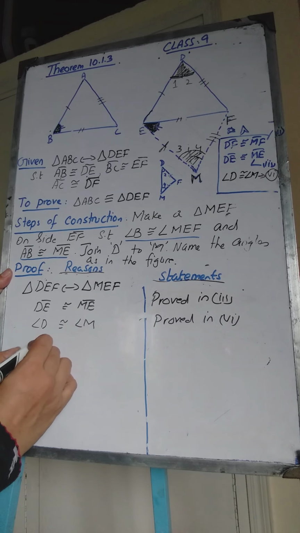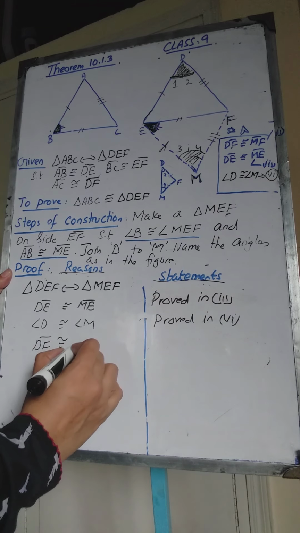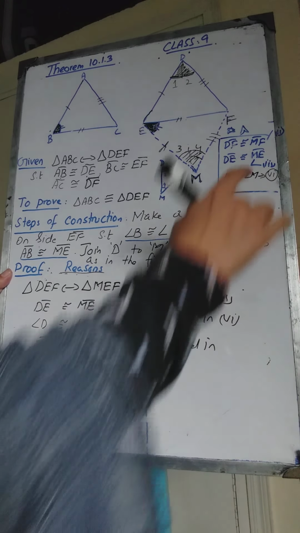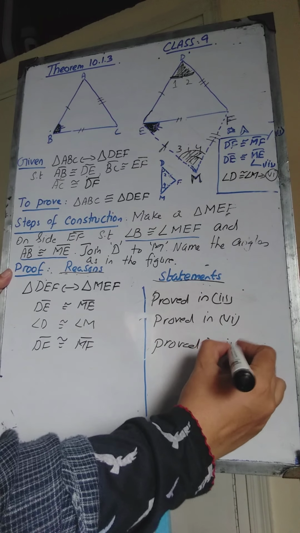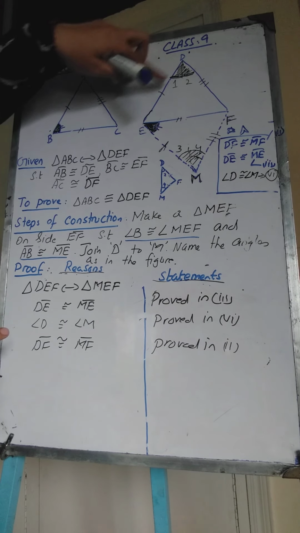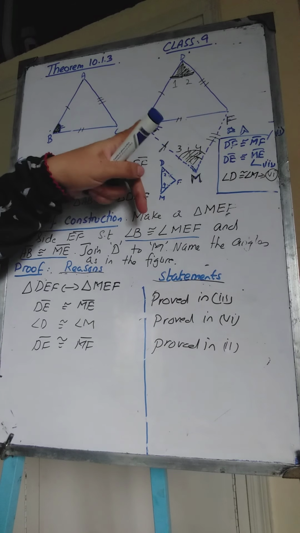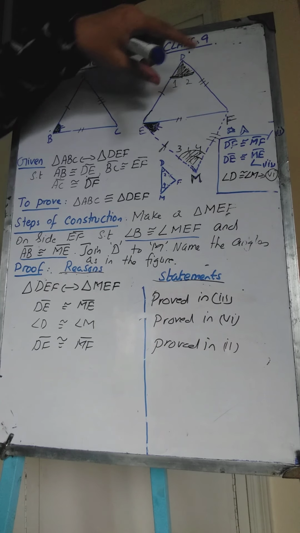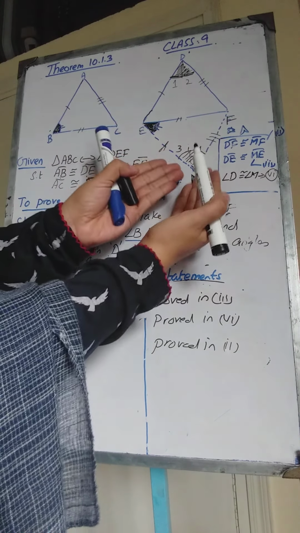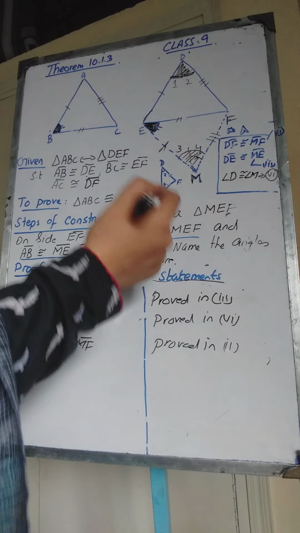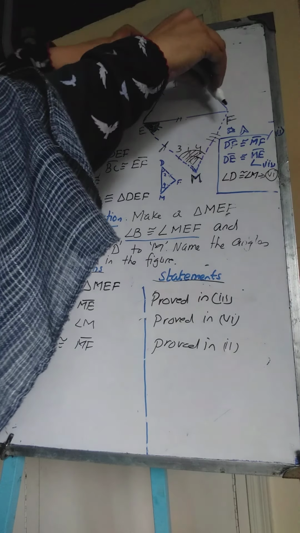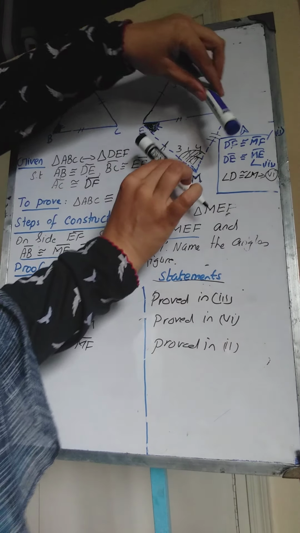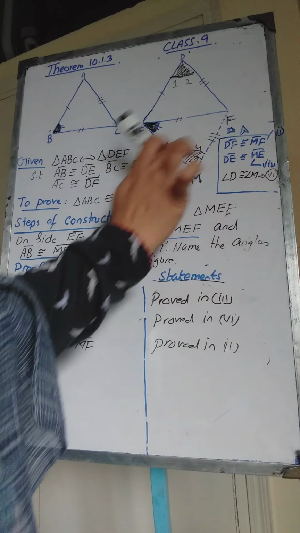So DF is congruent to MF. This we also have proved in equation 2. Okay. So we have the sides DE and DF congruent to ME and MF, and the angle included between these two sides is angle D. This is also congruent to the angle included between these two sides, that is angle M. So we have proved that these two sides and the angle in between them are congruent to these two sides and the angle between these two sides.